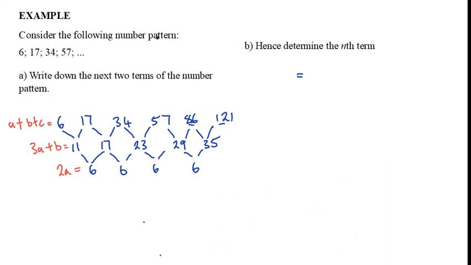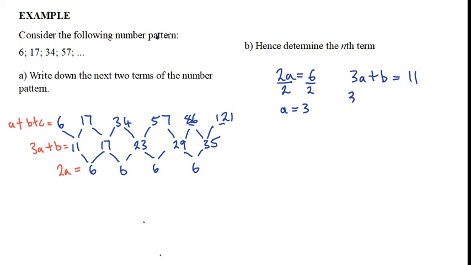Let's now find that. We know that 2a is equal to 6. We can divide both sides by 2 so that a is equal to 3. The next level is this one here, which means 3a plus b is equal to 11. But we already know the value of a, which is 3.